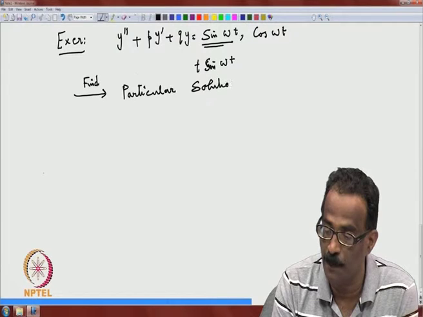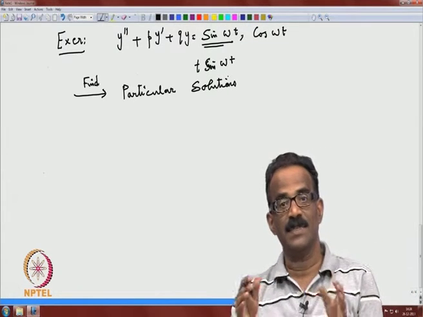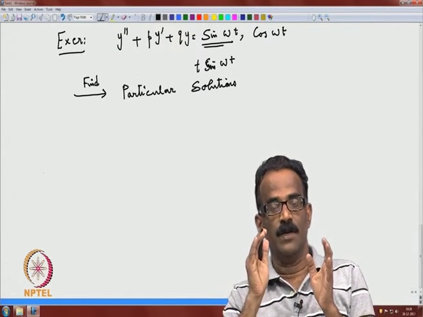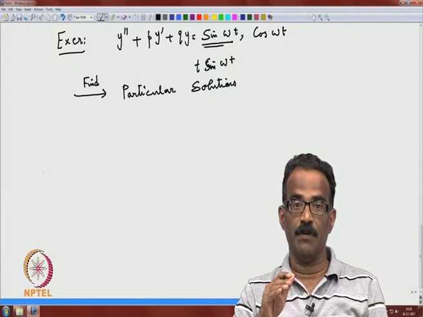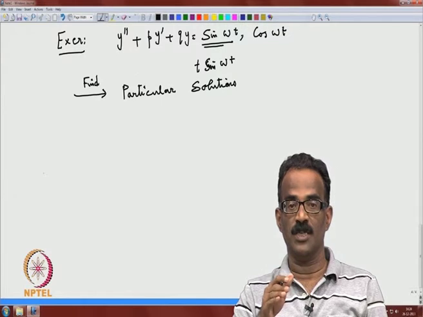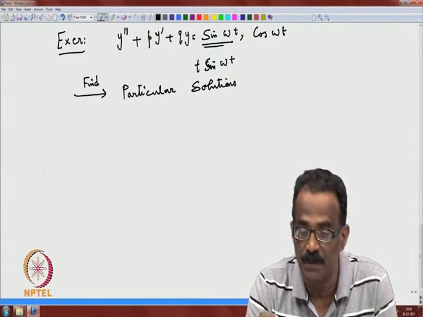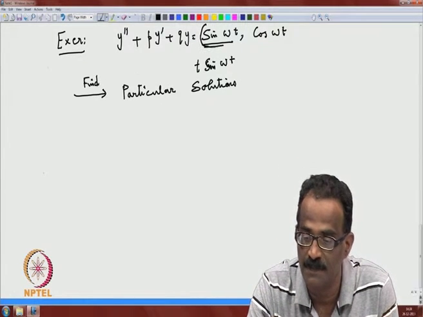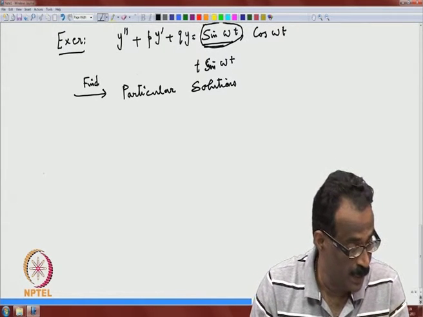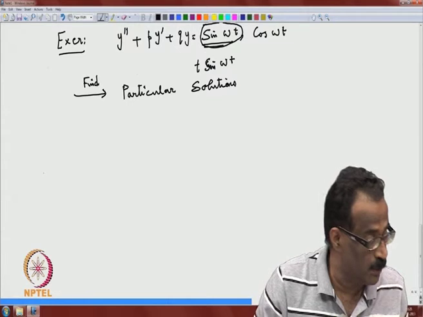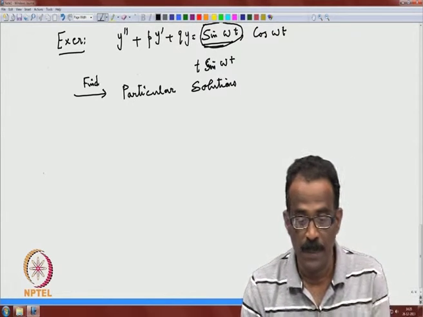So, this completely analyzes the situation when you have a second order equation with constant coefficients, even with particular signals on the right hand side, like e power omega t, sin omega t and other kinds of things which you can do completely.